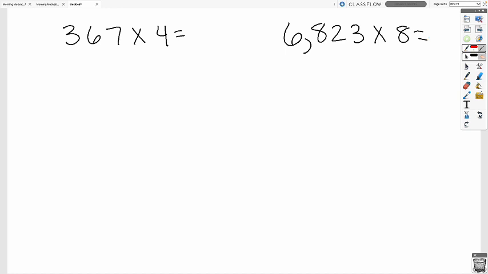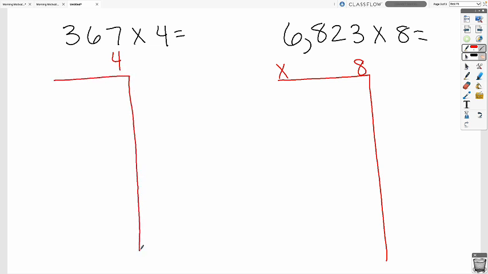And I would like for you to use this partial products method. And I'm going to get you started by setting it up for you. And all you have to do is use your paper and pencil and go ahead and go through the steps that I just showed you. I know that you guys can do it.